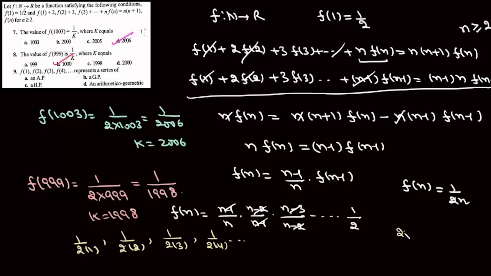Now we can write 2n as 1 upon f(n), and we know that the sequence of 2n will be an AP. Therefore, the sequence of 1 upon f(n) will be an HP. And we can see that it is 1, 1 by 2, 1 by 3, 1 by 4. If we take 1 by 2 common, it will be a harmonic series. So it will be an HP, and that's your option C.